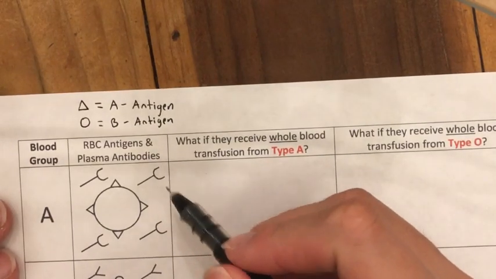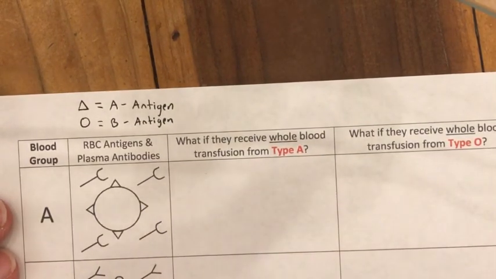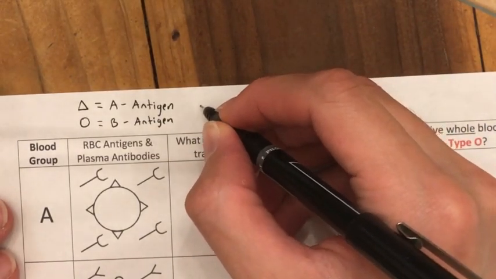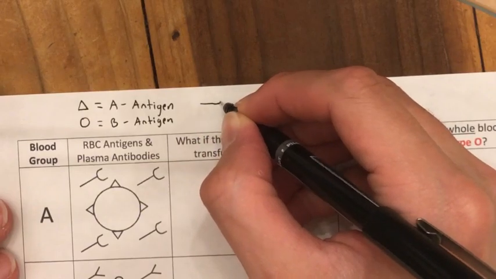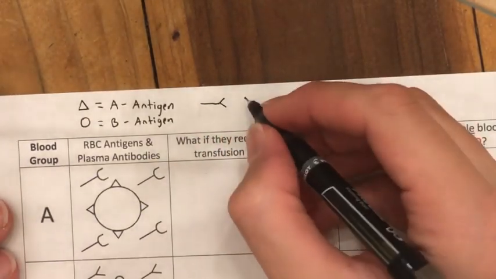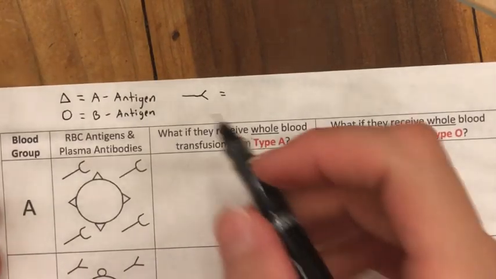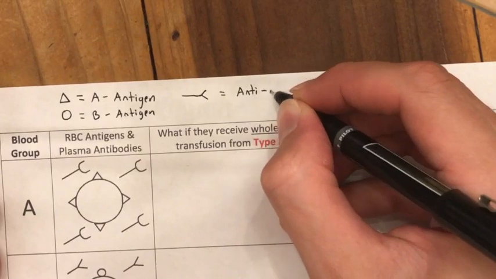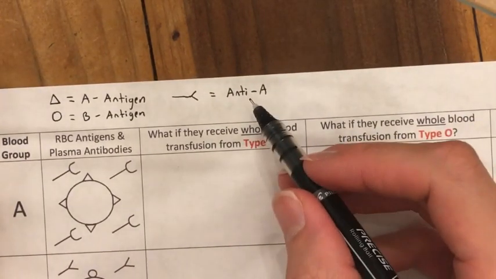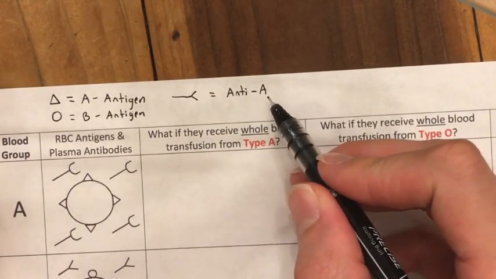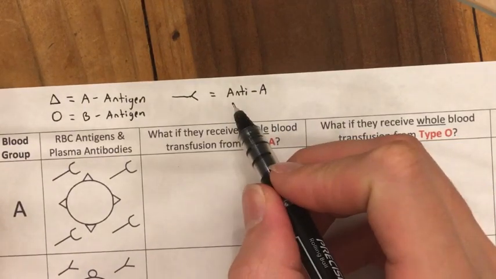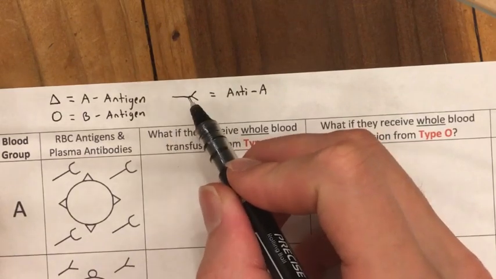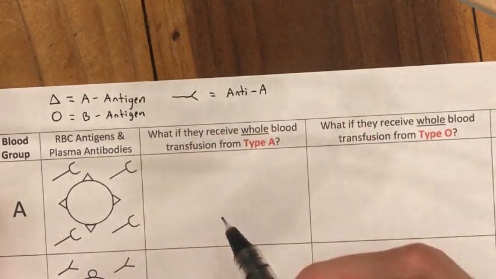In terms of the antibodies that are floating in the plasma, we're also going to mainly discuss two different kinds of antibodies. The first will be shaped like this, and that will be called anti-A, or antibody A. What this means is it is the antibody that binds or recognizes the A antigens.